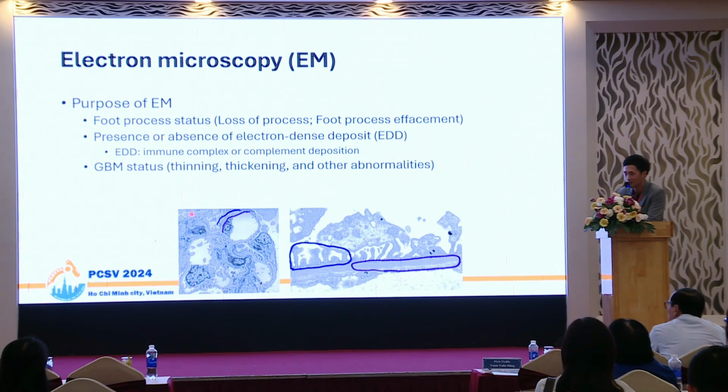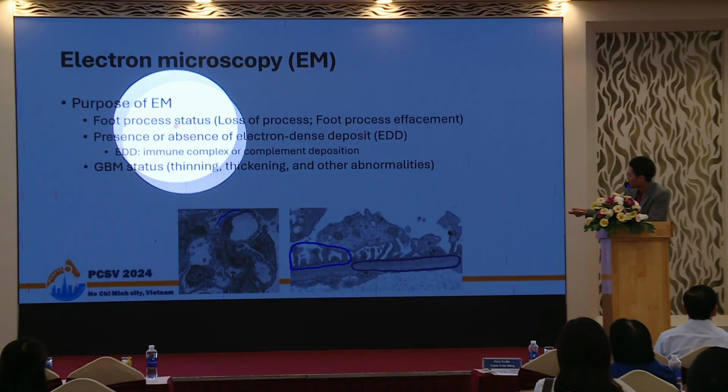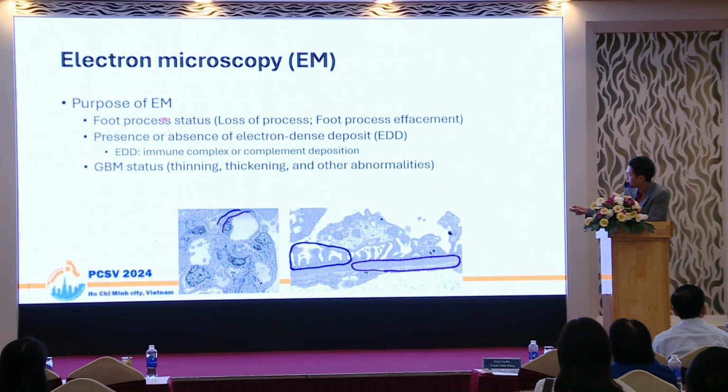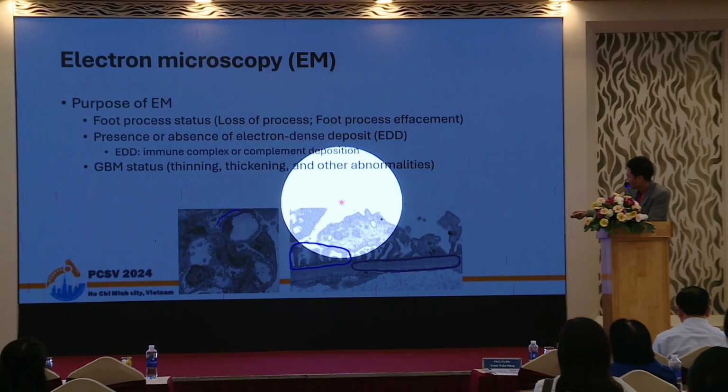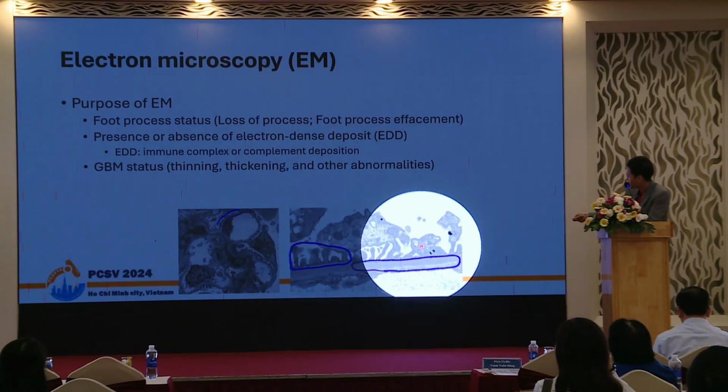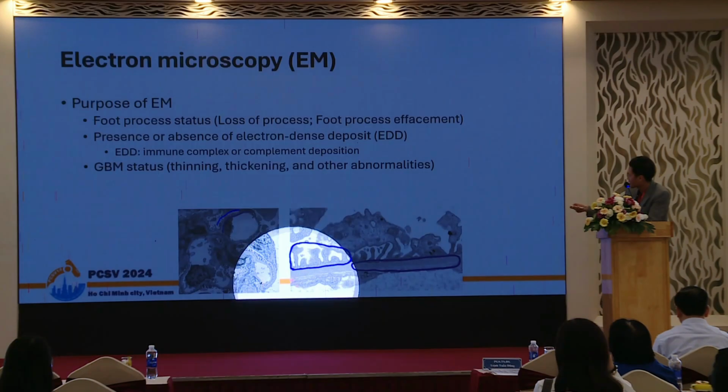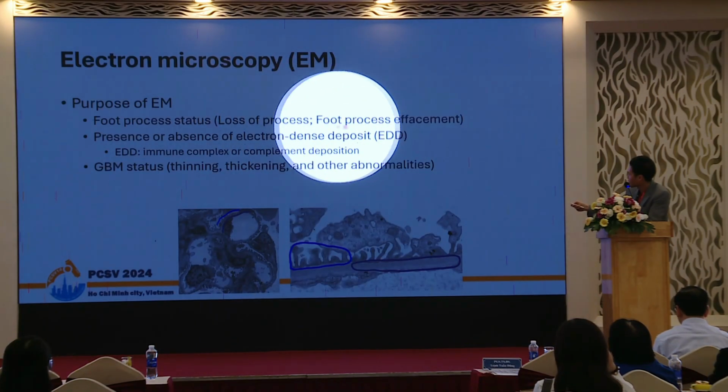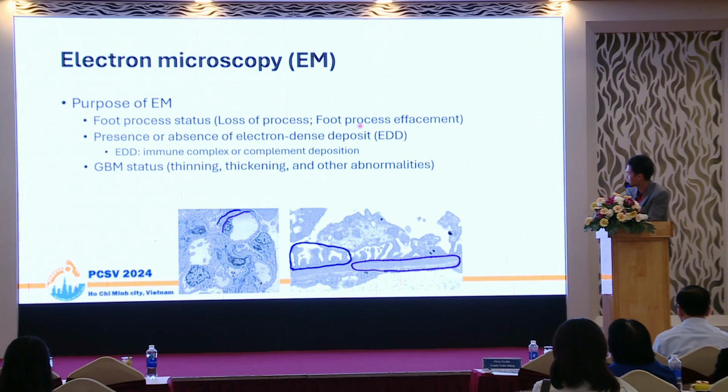So for electron microscopy, the usage of electron microscopy is to analyze the ultrastructure. So we can see foot processes of the podocytes. If they are damaged, the podocytes make a fusion, which is called podocyte effacement.